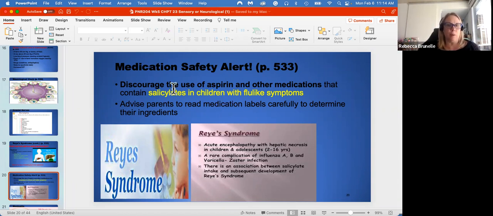You do need to remember not just aspirin, but salicylate, which is on the slide right here. An aspirin is in the salicylate family of medications. So if kids have flu-like symptoms or viral fever, muscle aches, URI symptoms, etc., they should not take any medications that are in the salicylate family, because that can cause them to develop Reye's syndrome.